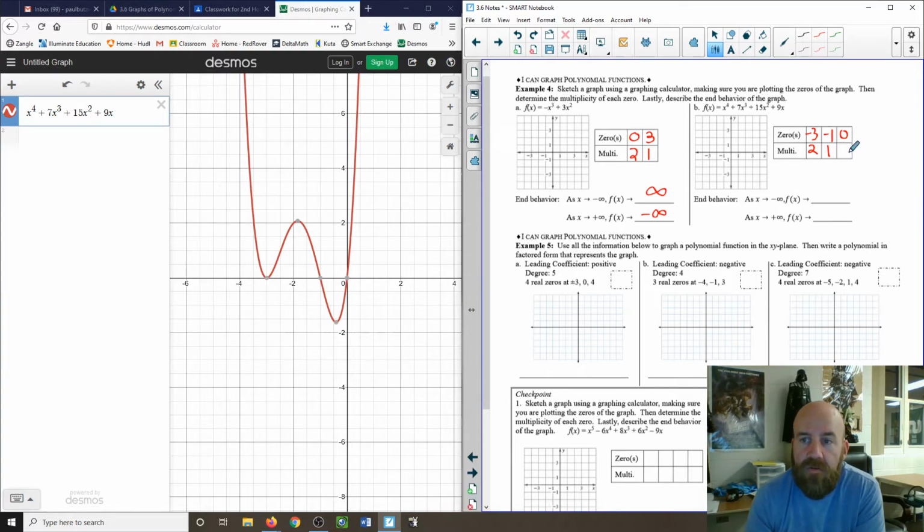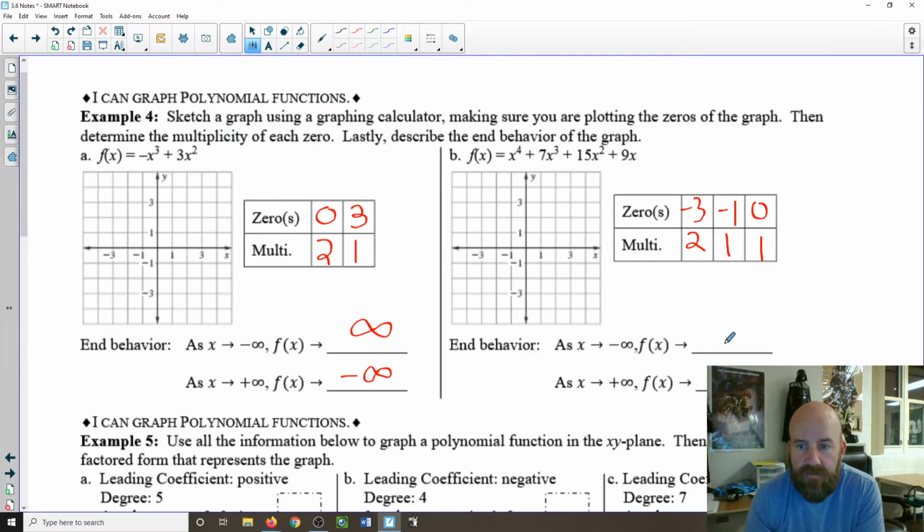And then at 0 we also are passing through, so multiplicity of 1. So look at end behavior. As we go to the right we are going positive, and as we go to the left we are going positive. So we are going positive for both. Okay, obviously, looking at the equation, we could tell what the end behavior was too. It's just a different way of doing it.